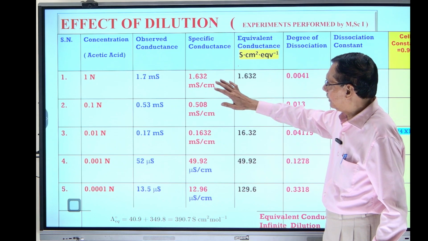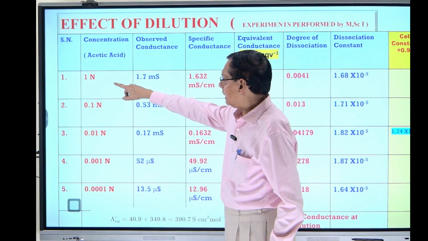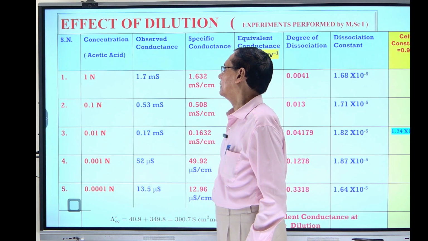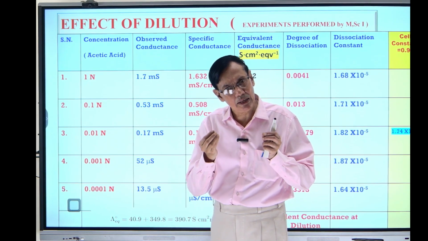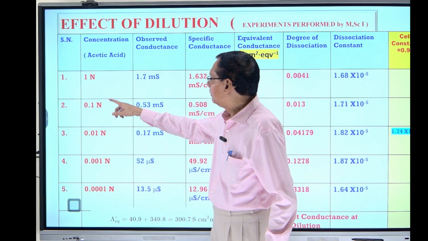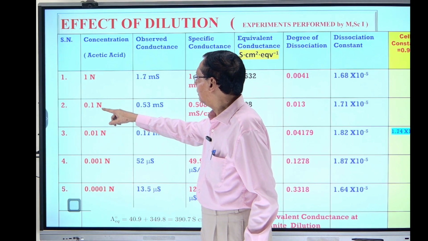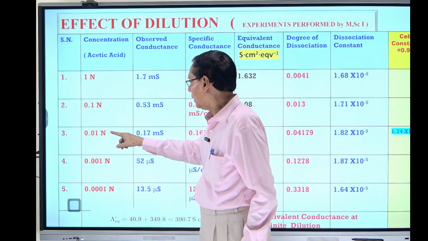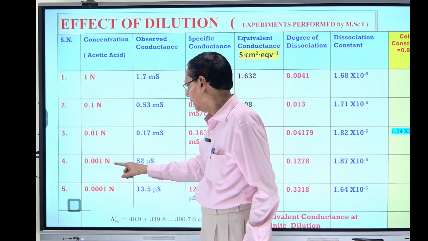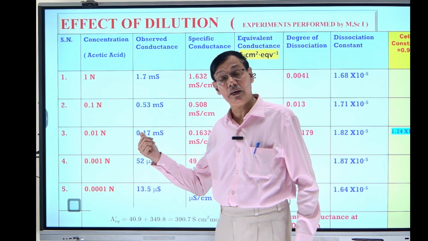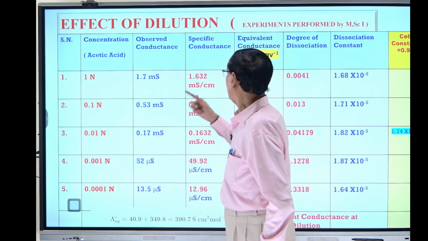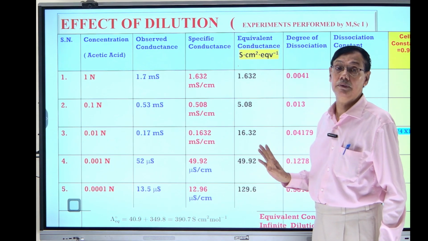अब इसमें भी मैंने वैसा ही किया, देखिए there are 5 or 6 solutions of acetic acid where the degree of dissociation is less, and you see 1 normal, 0.1, 0.01 normal, 0.001 N, 0.0001 N. Deliberately I have taken normal here, so that I have written equivalent conductance.